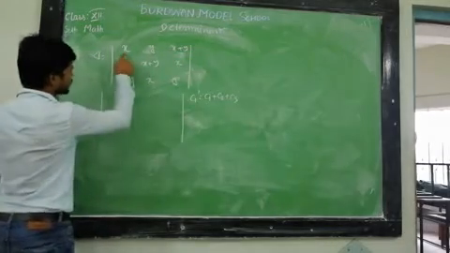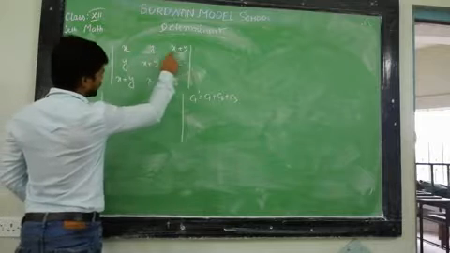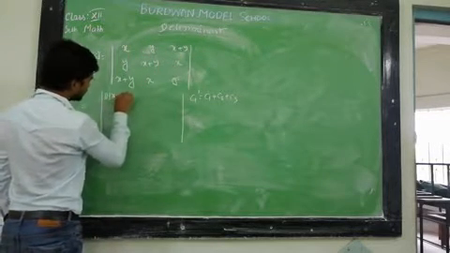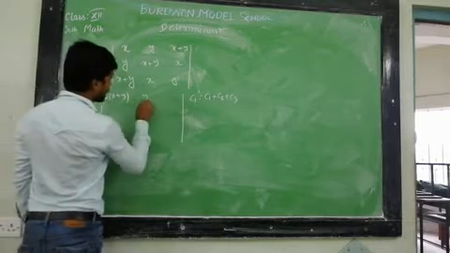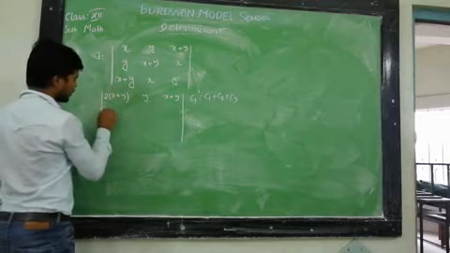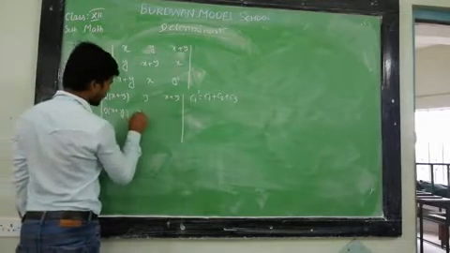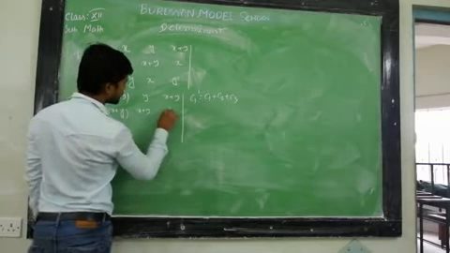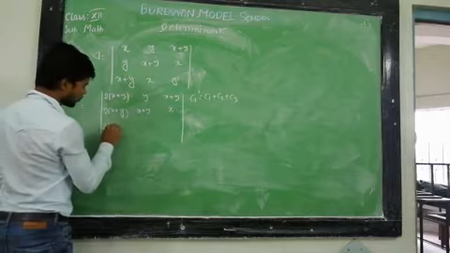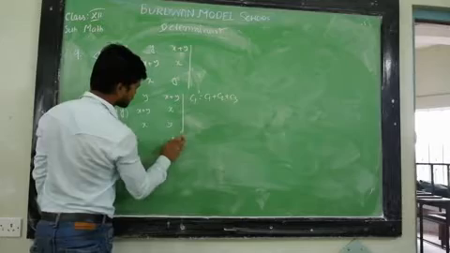If we add the corresponding elements of C1 with the other columns, x plus y plus x plus y equals 2 into x plus y. The second row will again be 2 into x plus y, x plus y, x, and the third row will be 2 into x plus y, x, y.